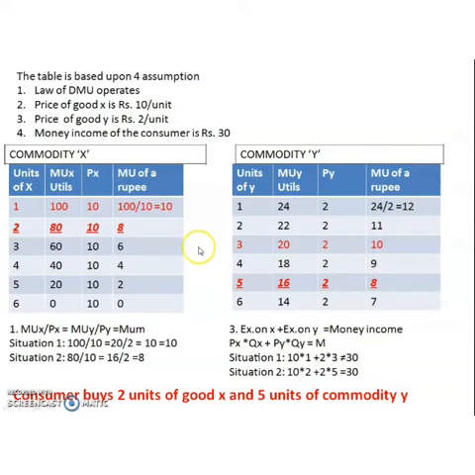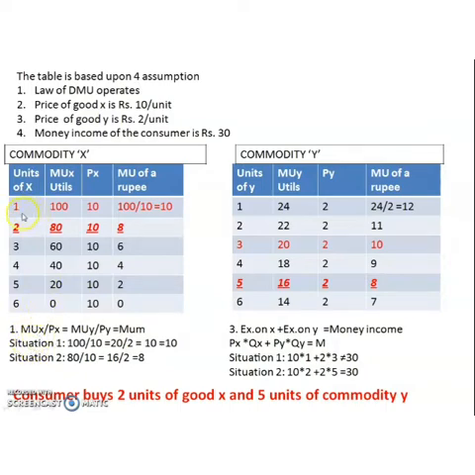So from among these, which is the consumer equilibrium? Let us check the conditions with each situation. What is the first condition? ME of x divided by price of x is equal to ME of y divided by price of y, that is equal to ME of m. In the first situation, what is the ME of x?